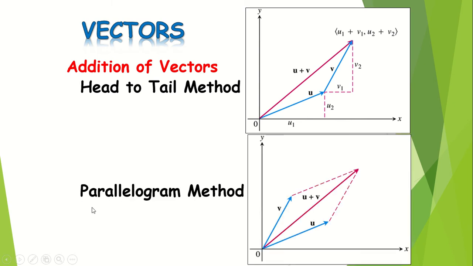I hope you can also add vectors using the parallelogram method. You have vector u and vector v, and then you form this parallelogram, connect the two lines that meet at this point, and then draw the diagonal, and you have here the sum. So this is the parallelogram method.